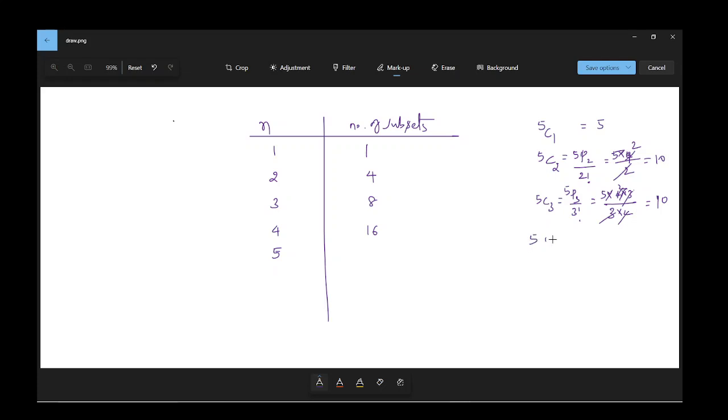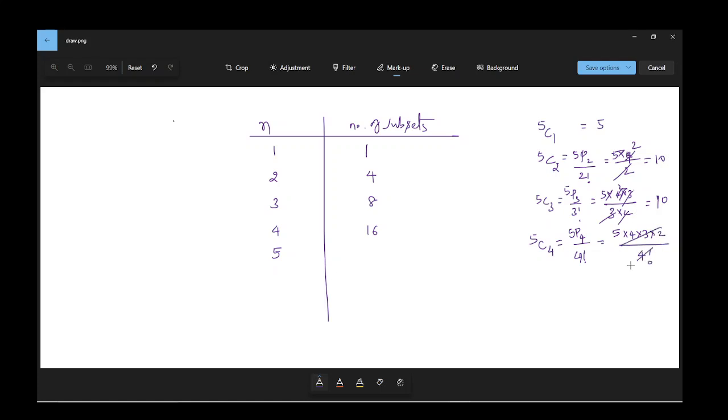We get 5C4. 4 elements at a time, 5C4, which is 5P4 by 4 factorial, which is equal to 5 into 4 into 3 into 2 divided by 4 factorial.